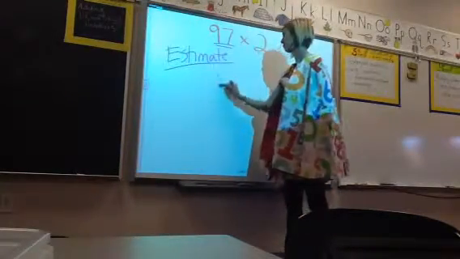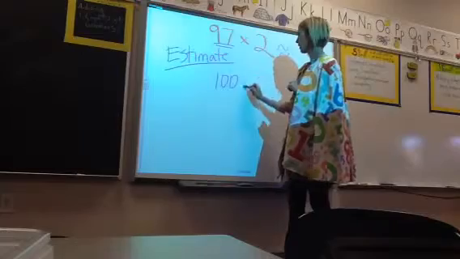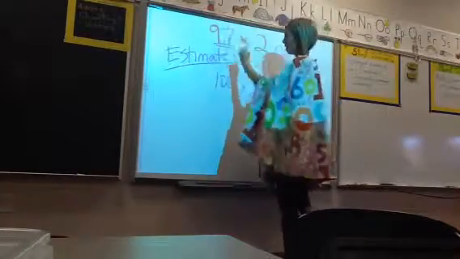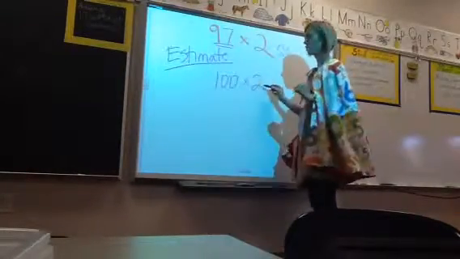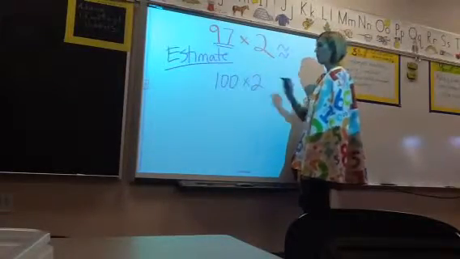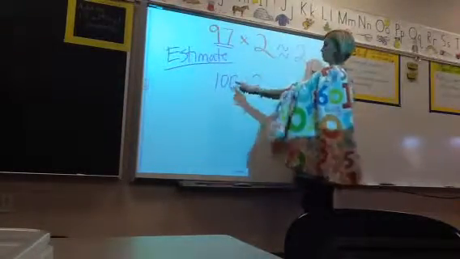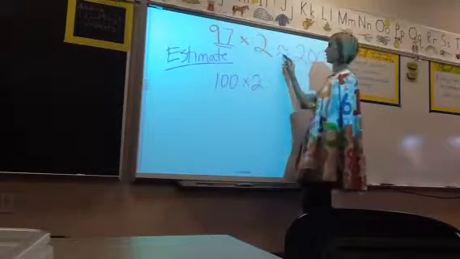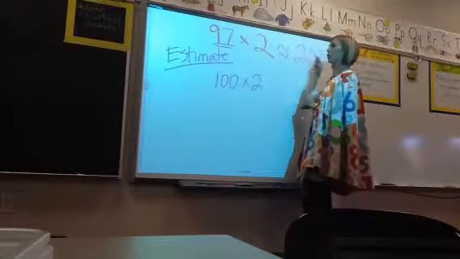That's about 100. And then I'm just going to keep that as a 2. I'm going to make that one easier and just keep that because I can do this quickly. Okay? So I get 1 times 2 is 2 with 2 zeros there. So I know my answer should be approximately 200.